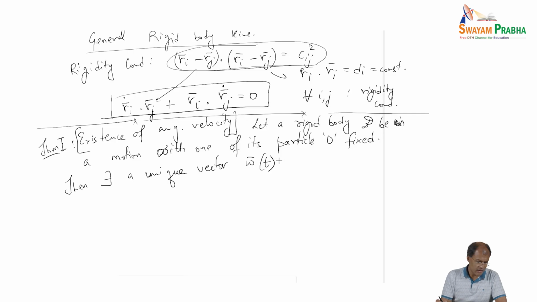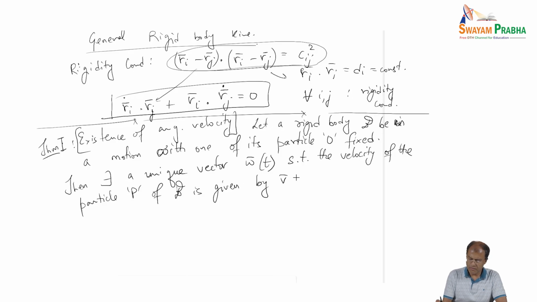Omega, such that the velocity of the particle P of B is given by v = omega cross r, where r is the position vector of the particle P relative to our fixed point O. This is our velocity.